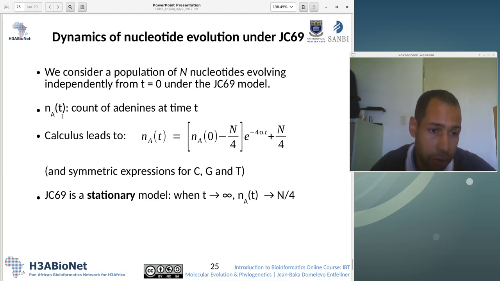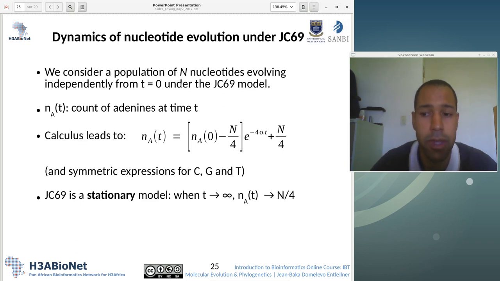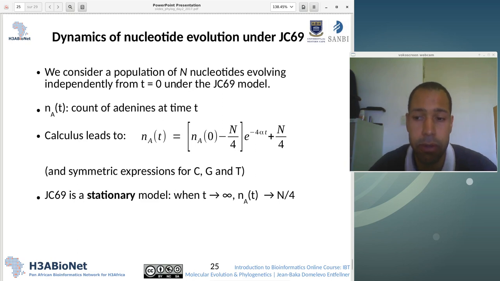That's the count of that nucleotide at time t. Okay, the number of the nucleotides that is of type A, adenine. So at any moment in time, there is no nucleotide that disappears, there is no nucleotide that is created. They just evolve and potentially mutate.